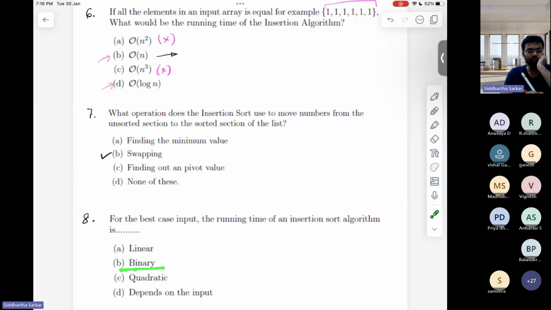I haven't seen this word before. Anyway, binary should mean 1, 2, but that in the running time context does not make sense to me. But if you have any doubts why the answer is linear, then you can raise your hand or you can ask me.